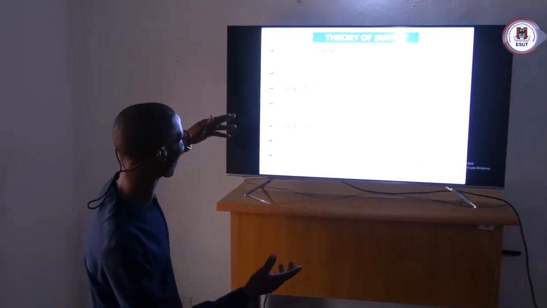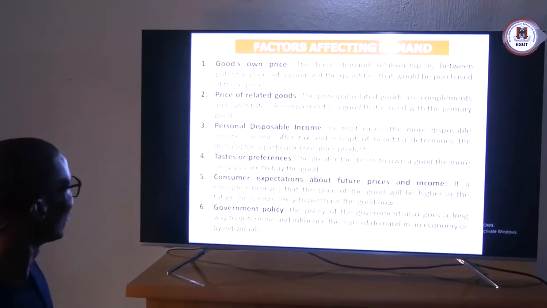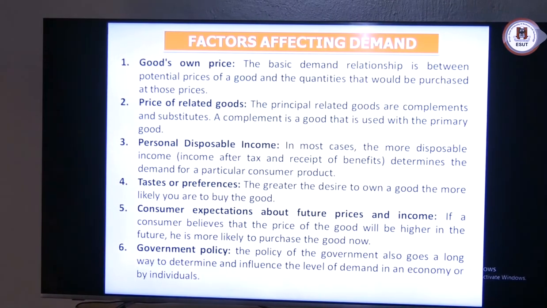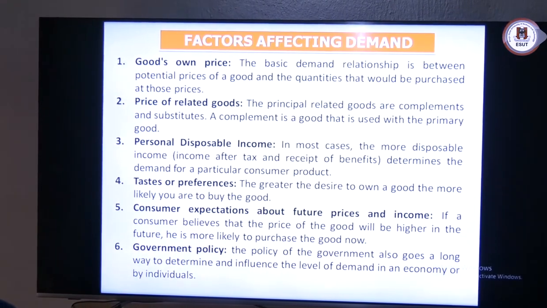So we have other factors of demand. Price of related goods.